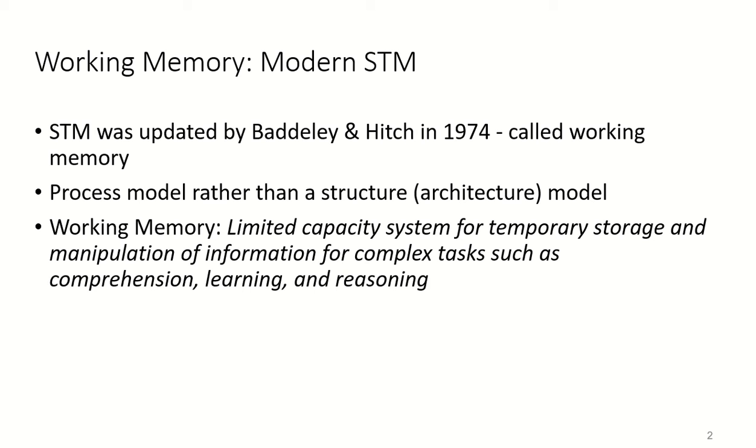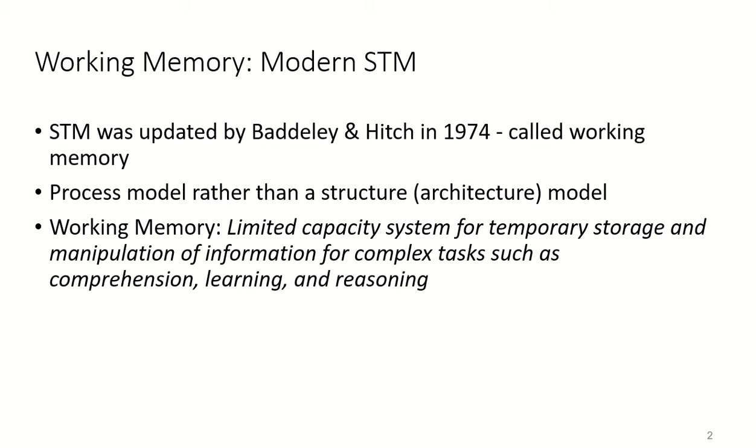That's a mouthful, so let's break that down for a second. A limited capacity system means it's not possible to put infinite amounts of information in working memory. Just like we saw that short-term memory had limits, 7 plus or minus 2 units of information, the same is true for working memory. The next part, temporary storage, means this is not long-term memory.